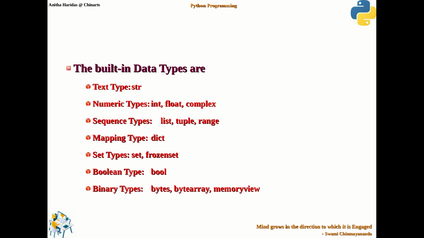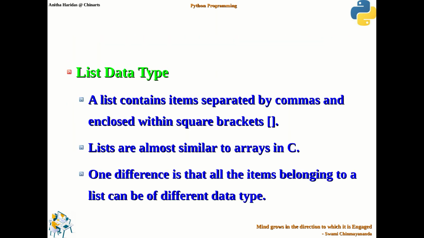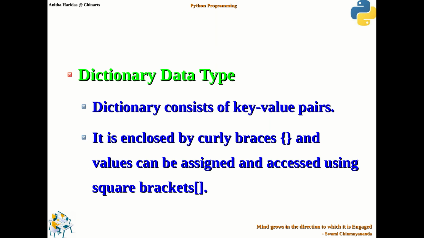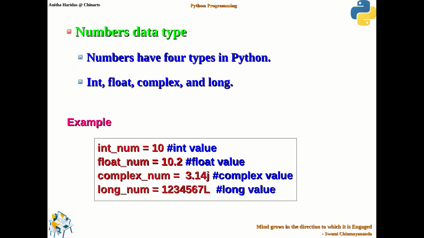Then the different Python data types were discussed in another session, where we talked about string data type, list data type, dictionary data type, tuple data type, number data type. So we very briefly talked about these data types, and some examples were also discussed.